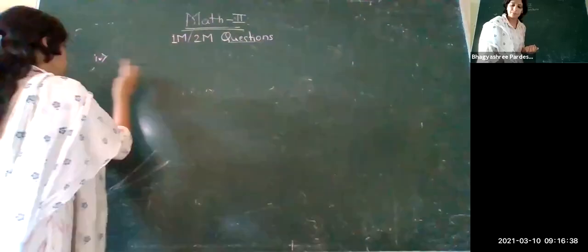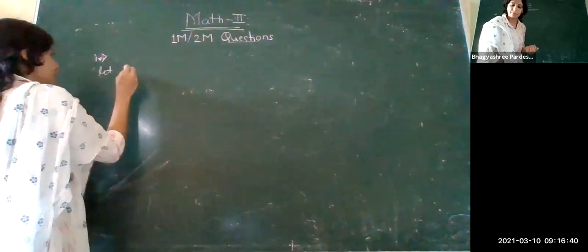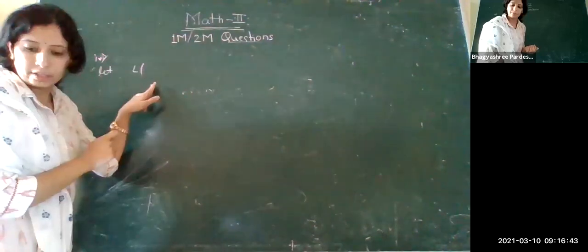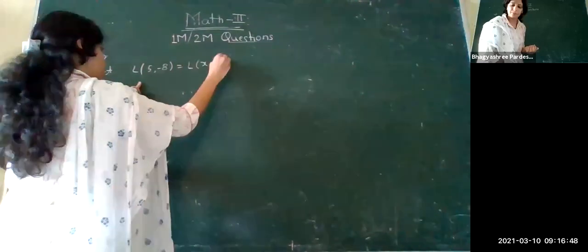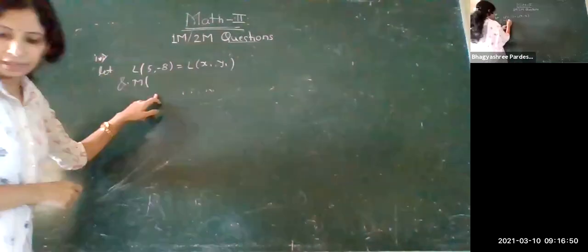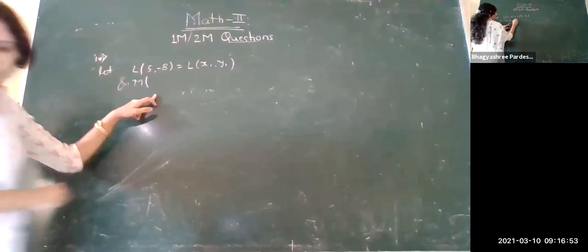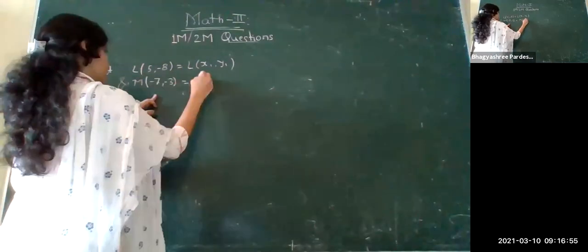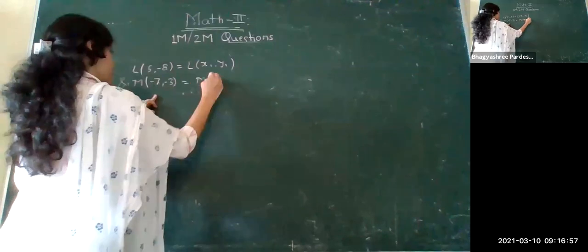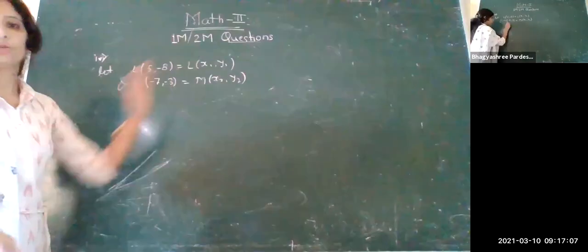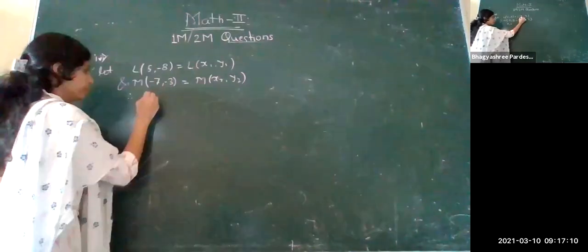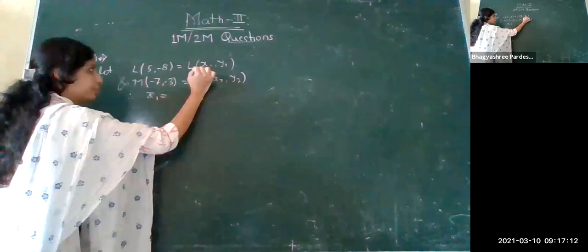We are given the distance formula, right? The two points L (5, -8), which can be represented as L x1, y1, and your next point was M, that is equal to -7, -3. So this can be represented as M x2, y2. Once this is done, we can substitute in the formula. L is equal to x1, y1.